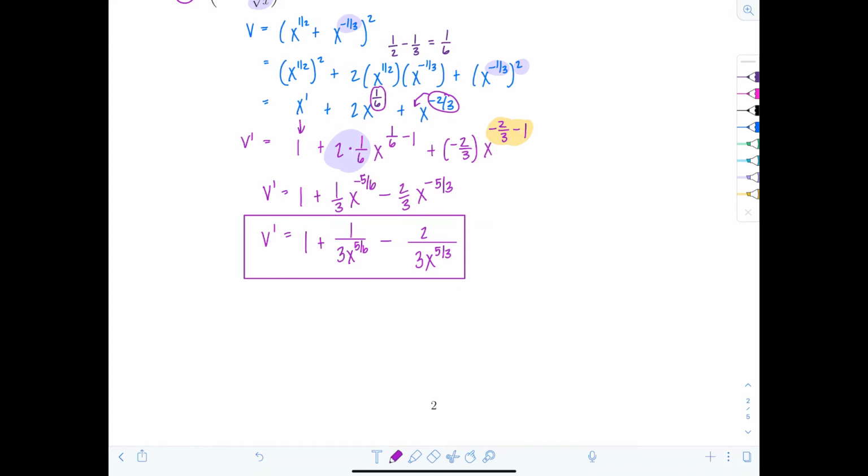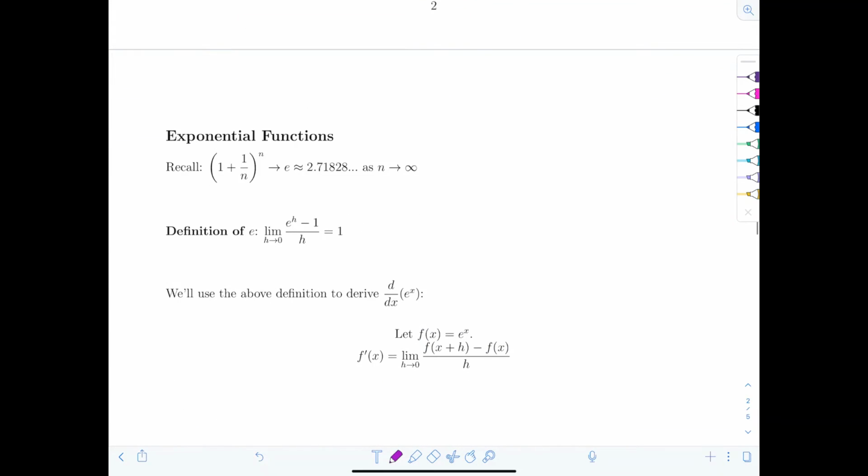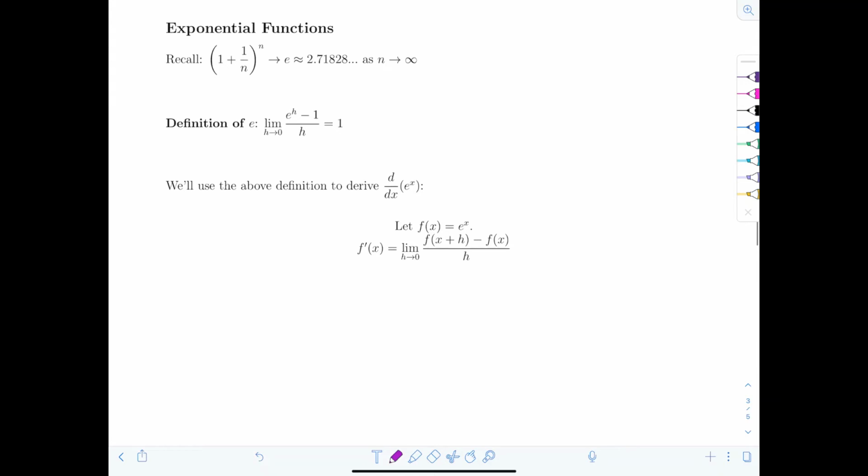All right, so now that we've got the power rule down, let's expand our repertoire of what sort of functions we can differentiate. And we're going to work on exponential functions now. How exciting. So if you'll remember, you should have seen this in pre-calc, hopefully, that 1 plus 1/n, that quantity raised to the nth power, approaches e, Euler's constant, as n approaches infinity.